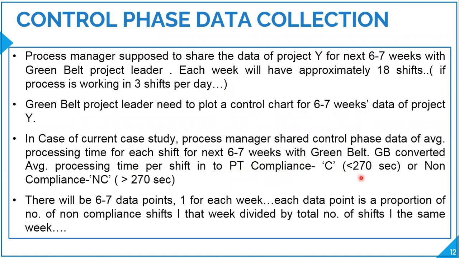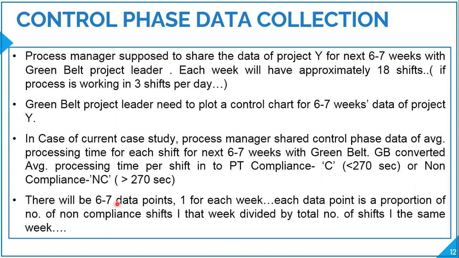C: if the average processing time for a given week is less than 270 seconds, it becomes C. And if it is more than 270 seconds, unfortunately, it's going to be NC, right? So that's how either the Greenbelt will do it, or even the process manager can do those normal calculations and pass it on to the Greenbelt. There will be 6 to 7 data points, one for each week.